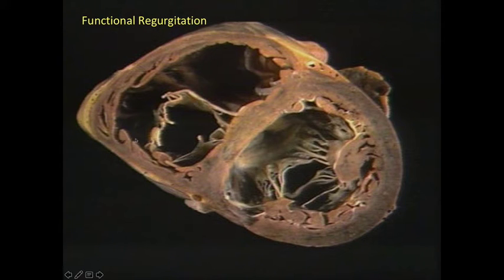So you can appreciate this really enlarged heart, and the fact that these leaflets are just not going to close because the space is too big. They've been stretched. The valve leaflets are not stretchy. That's connective tissue. It's not like they can just get longer, right? They're anchored to the papillary muscle. So when the heart gets really big, those things don't close, and the blood regurgitates back into the atria.